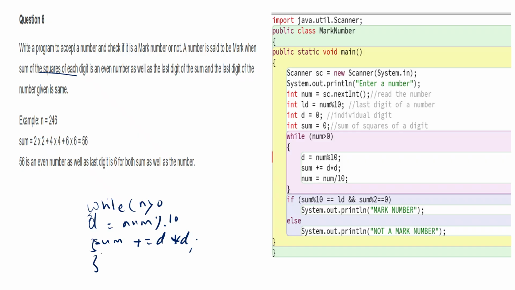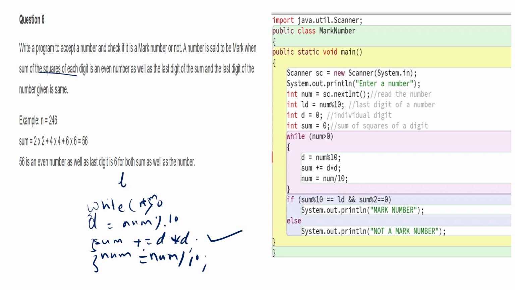And num you have to change every time, while num greater than 0, num = num divided by 10. So this loop will get executed, you will get each digit, and you will calculate the sum.